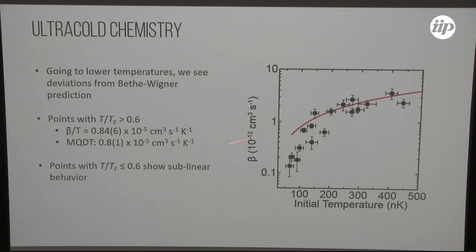You can already see from this plot that the data arrange according to two branches. One set of points is very close to this line, and another set of points is deviating, essentially, from the P-wave collision.